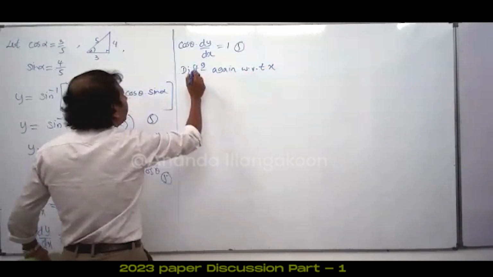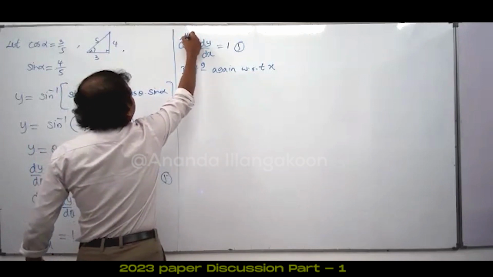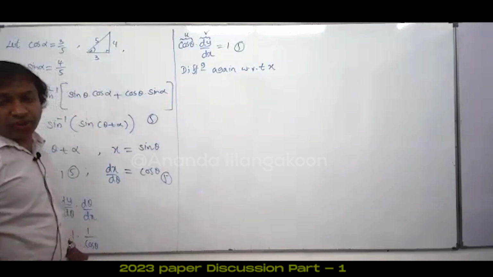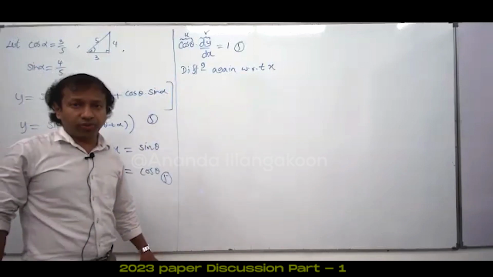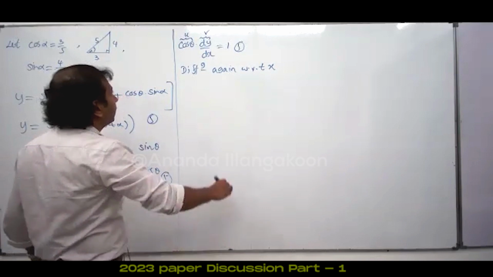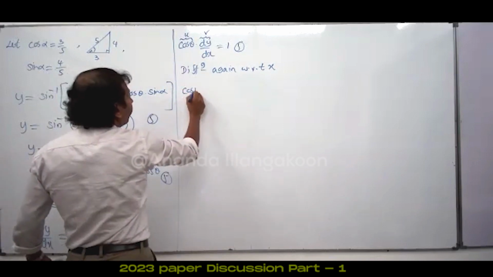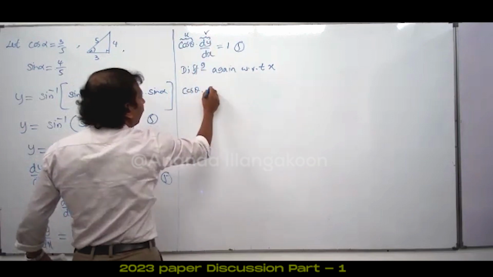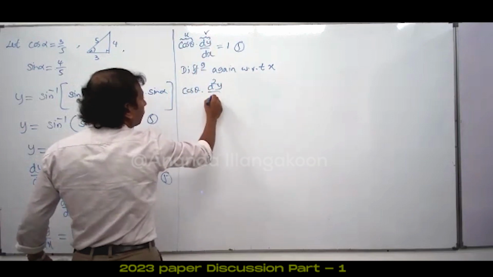Tell me here how to differentiate this. We have to take this as u, this as v. Product formula we have to apply there. Understood? Product formula. What is that? First, we keep this cos theta and differentiate this. This is first derivative, no? When we differentiate that again, we get second derivative.